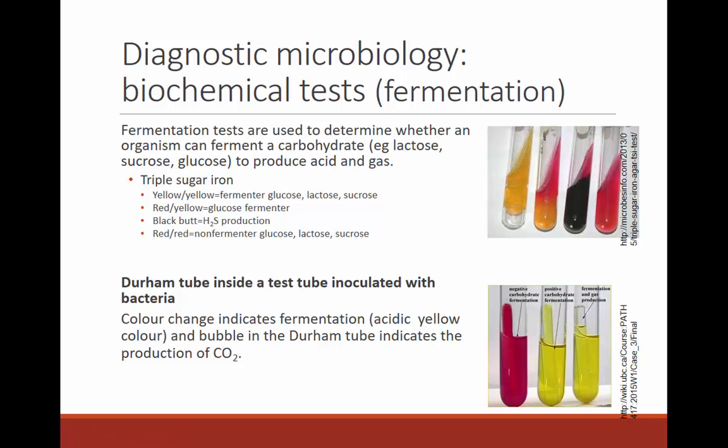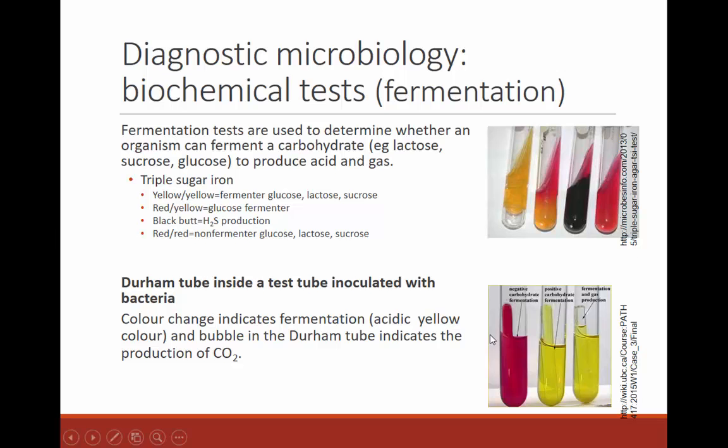Now the trick is you can't look at it after 12 hours. You have to read that particular slant between 18 and 24 hours after inoculation, okay, because there is some reversion and you need about 24 hours to have the proper analysis of it.